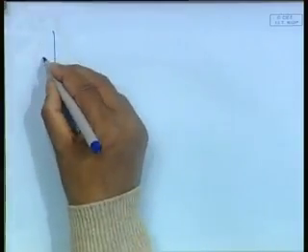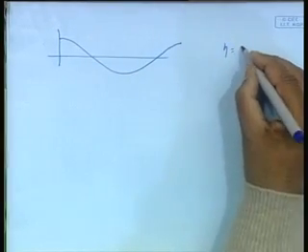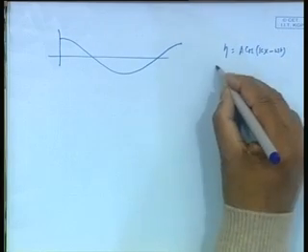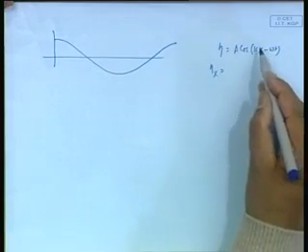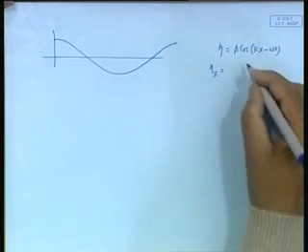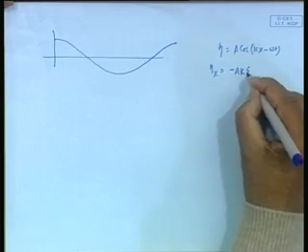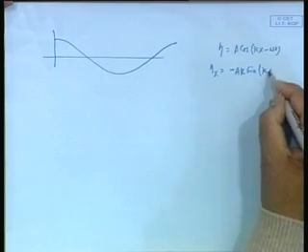Let us take eta, a cosine curve. So, eta equal to a cos, what is eta x, equal to d eta by dx? That gives you minus ak sin(kx minus omega t).